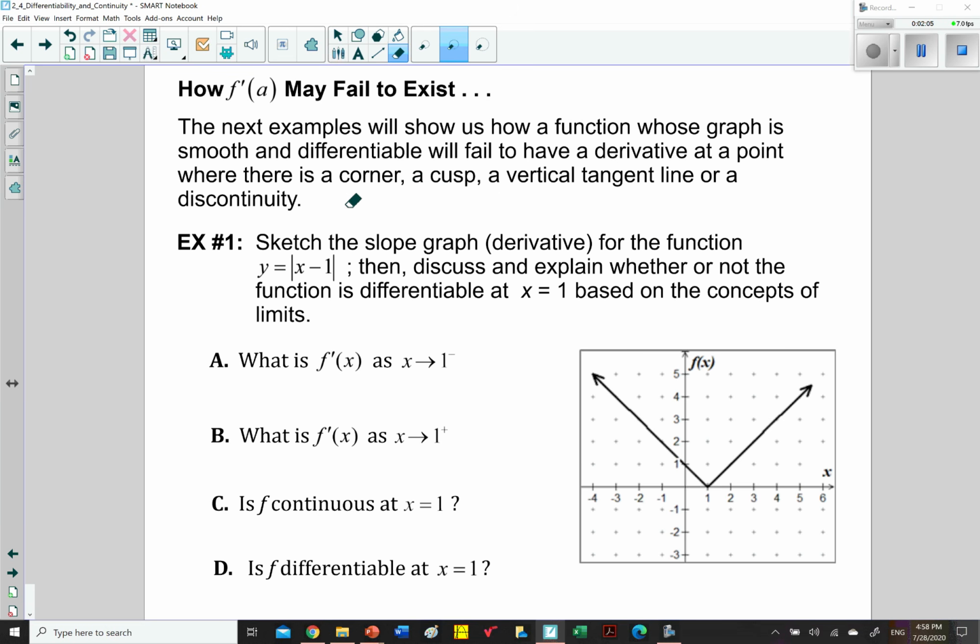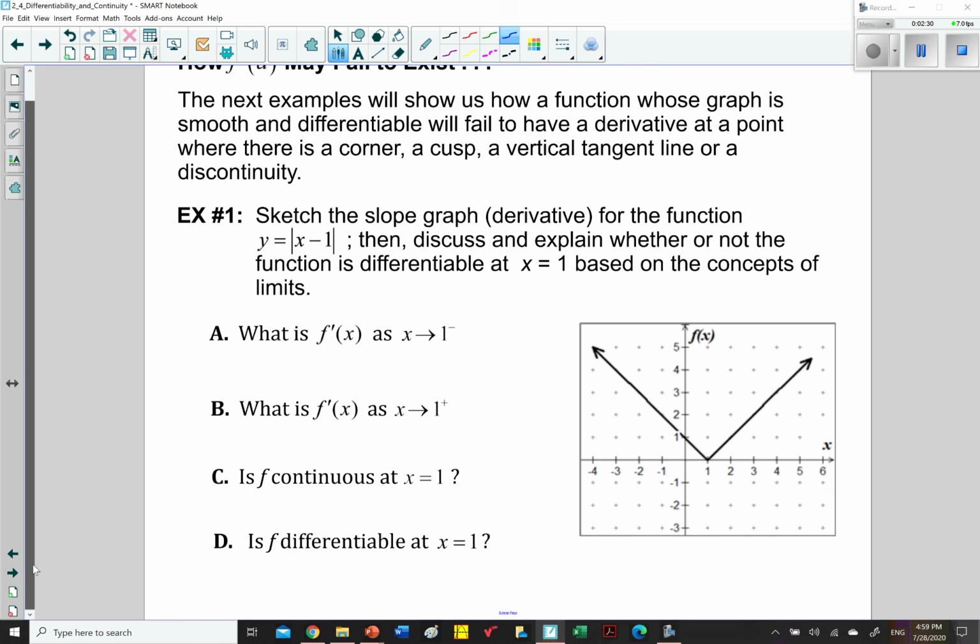And I believe that's going to be our first example. So here we're going to show how the derivative may fail to exist. If you sketch the slope of the derivative of the function y equals the absolute value of x minus 1, the slope graph, this slope is -1, and this slope is +1.